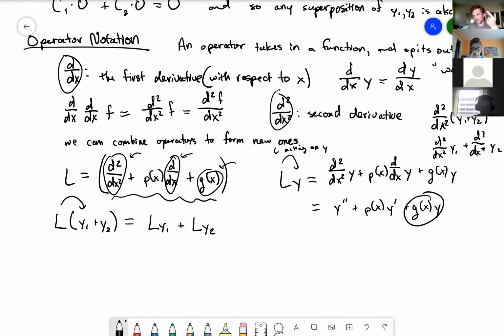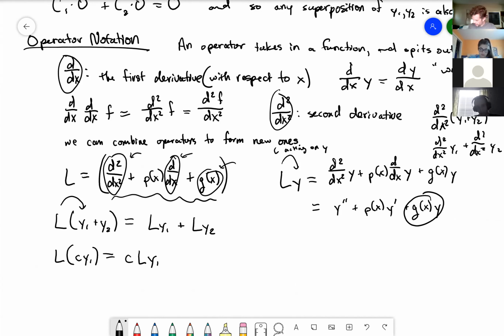Second derivative, first derivative, and multiplication. We also have something like a constant multiplied by y1. You just move that constant out in front by the same kind of reasoning that we would have used for the derivative.